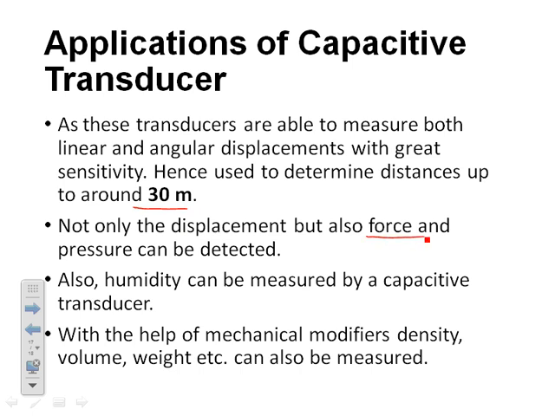It can also be used to measure force and also pressure. It is also used to measure the humidity. With the help of mechanical modifiers, density, volume, weight, etc. can also be measured. So these are the applications of the capacitive transducer.